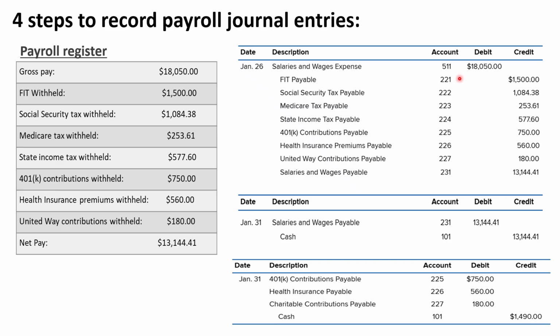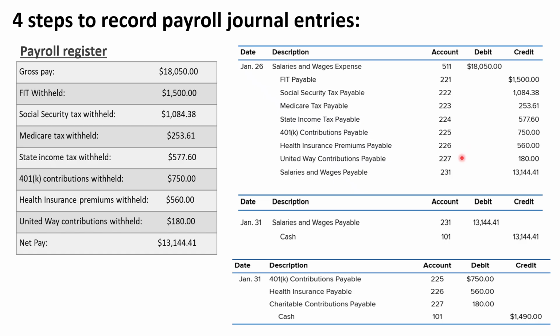We credit federal income tax payable for the federal income tax withheld of $1,500. We credit Social Security tax payable for $1,084.38, Medicare tax payable $253.61, state income tax payable $577.60, and we credit the deductions for 401k $750, health insurance premiums payable $560, and United Way contributions payable for $180.